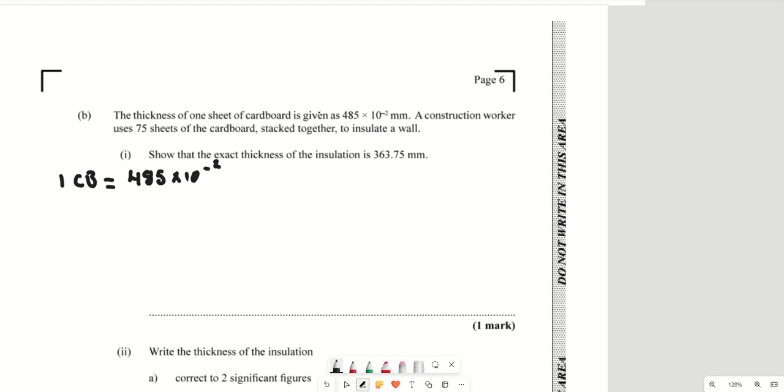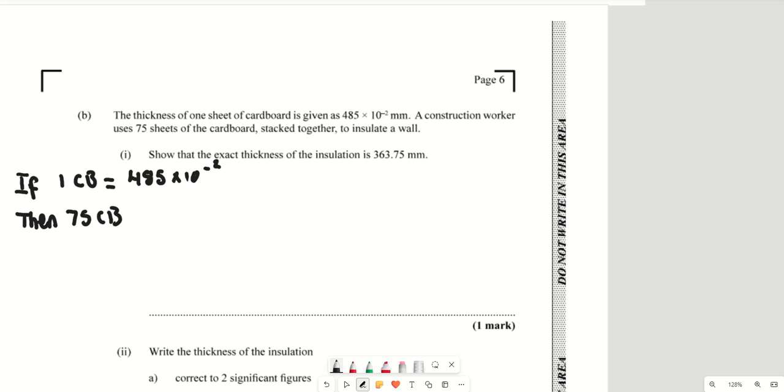So they give you the answer and they're telling you, listen, I need you to show how they got that answer. So this is my if, then, and therefore method. If one cardboard is this, then 75 cardboards would be what?